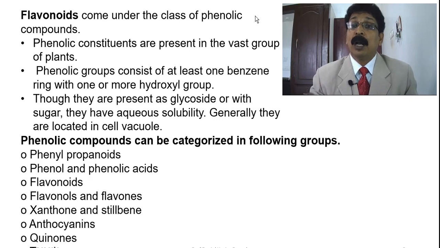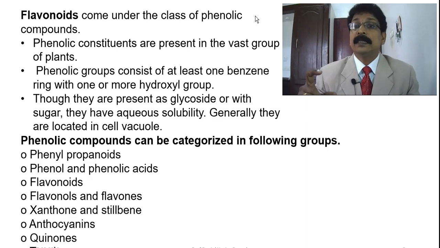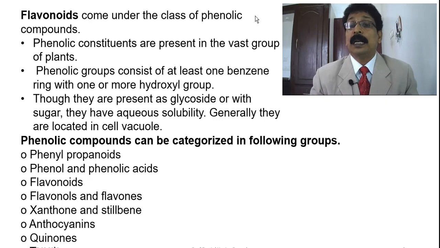If it has one hydroxyl group we say it is a phenol, and with many it is a polyphenolic compound. You can see in tannins there are many OH groups. They are also linked with flavonoids.